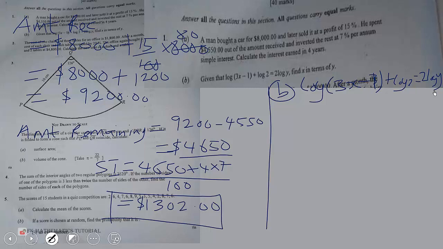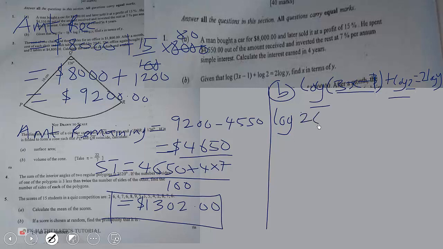So what do we do? First, we use the laws of logarithm. Since they are adding, recall that log m plus log n is log mn, or log of m times n. So we write down one log, then we multiply the 3x minus 1 by 2.